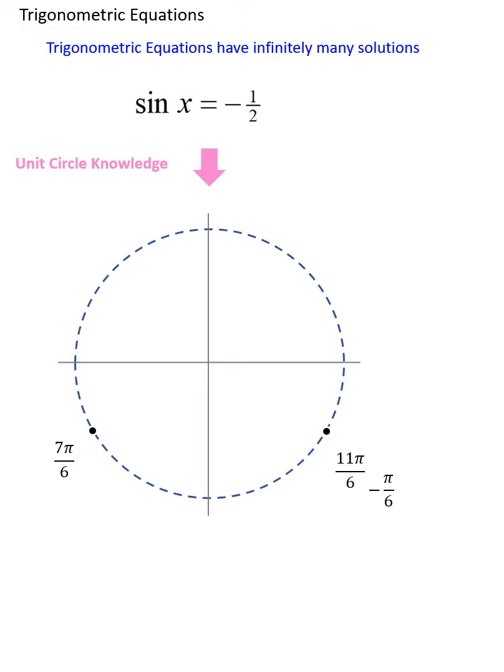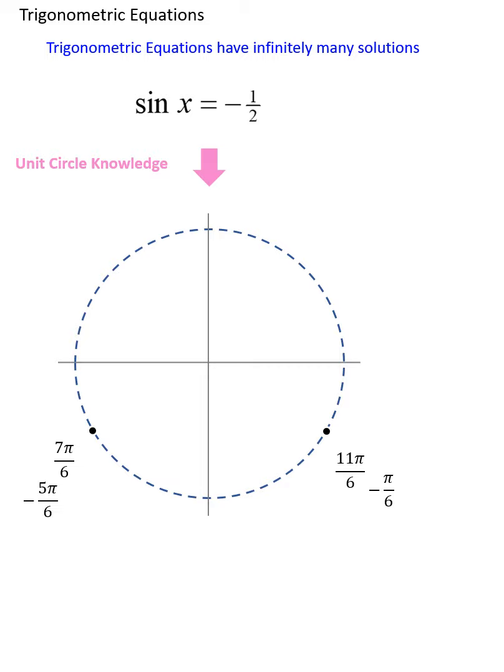By the way, if you're like many students who say, well, 11 pi over 6 and negative pi over 6 are the same thing, not really. 11 pi over 6 is approximately 5.8, whereas negative pi over 6 is approximately negative 0.5. They're definitely different numbers, and the fact that they're coterminal doesn't make them the same number.